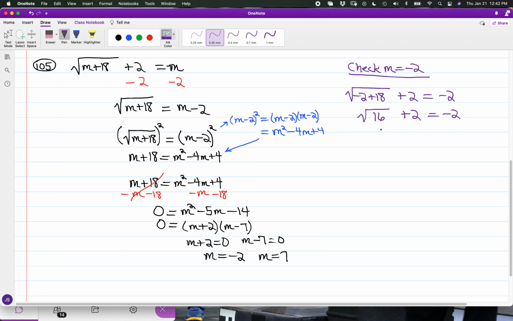Square root of 16 is 4 only. On the left-hand side we have 4 plus 2 is 6. But with m at negative 2, the right-hand side remains at negative 2, so we have a false statement here. And because checking out m is equal to negative 2 does not lead to a true statement, we have that negative 2 turns out to be extraneous, meaning that it's an attempted solution, but it doesn't check out thoroughly.